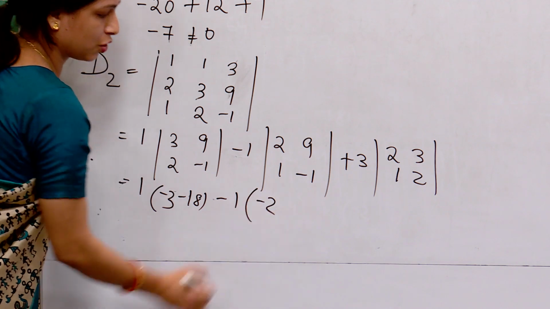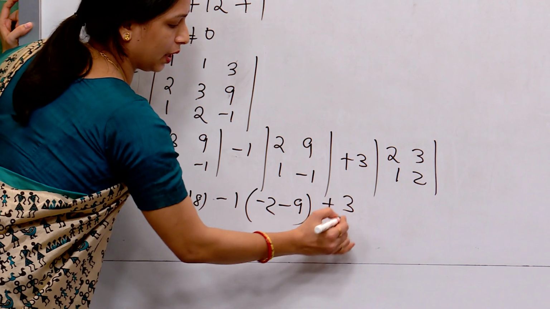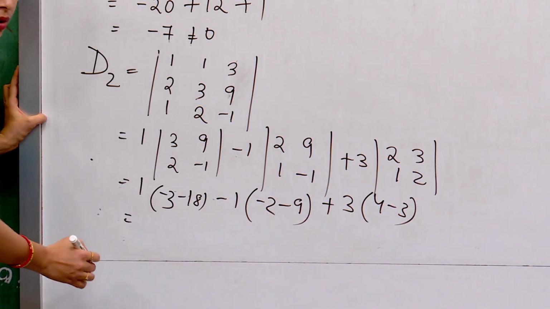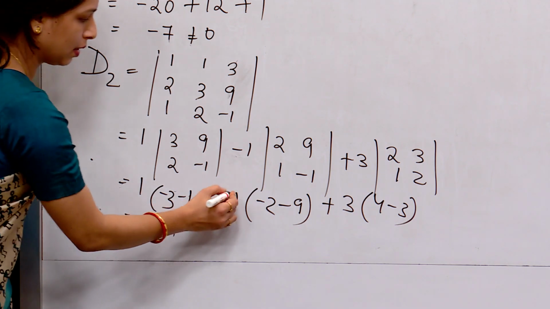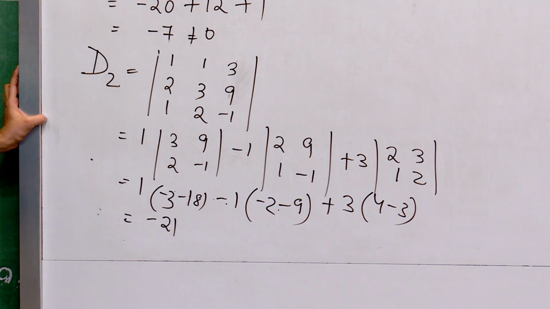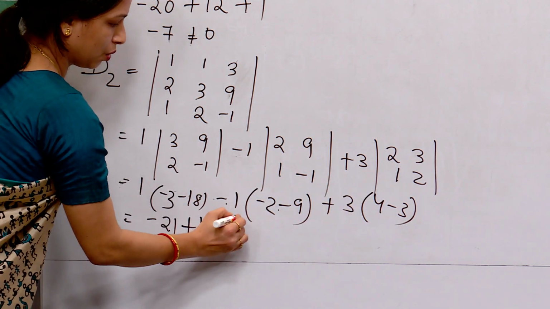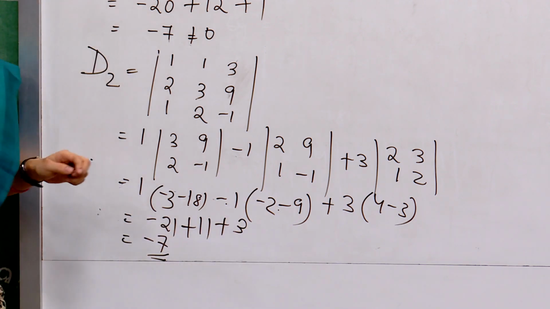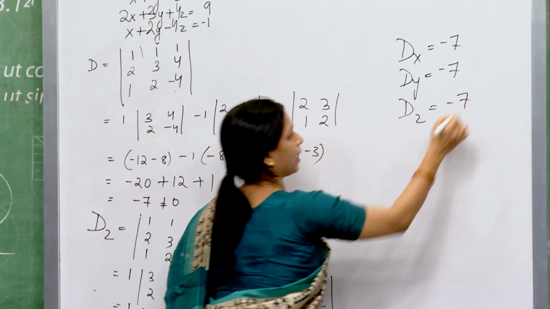So, here we will get minus 2 minus 9, here again we will get 3, 4 minus 3. So, the resultant again will be, this is minus 21, this is minus into minus 11, so this will become plus 11, and this is 3 into 1, so 3. So, again the answer will be minus 7. So, again the value of dz will be minus 7.